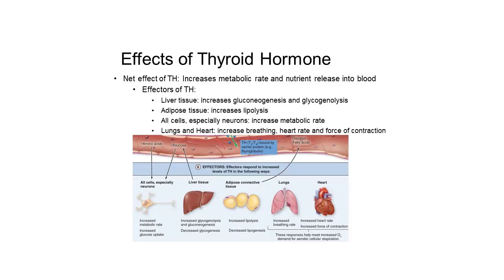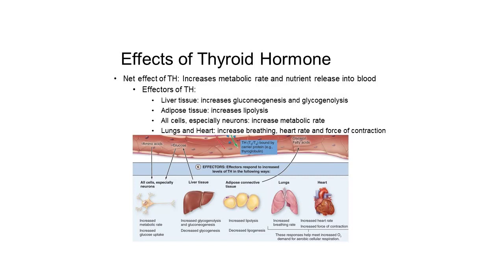All right, what does thyroid hormone do? It is largely with metabolism. And so it causes the liver to increase glycogenolysis, breaking glucose off of glycogen. It also causes gluconeogenesis. This is the production of glucose from other starting materials.